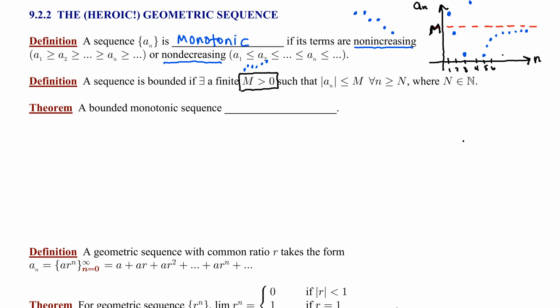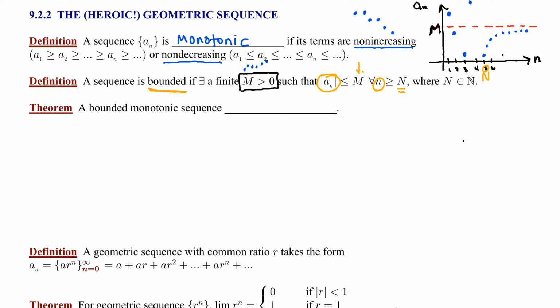So in the case of my picture over here to the left, when the subscript n, the position in the sequence, is 5, every single following term of the sequence is below that horizontal asymptote. So there is some point called capital N, in this case it's 5, where every single value of the sequence stays underneath this M. This means that the sequence is bounded. Now think about the natural meaning of that word. It is bounded. It has an upper boundary line.